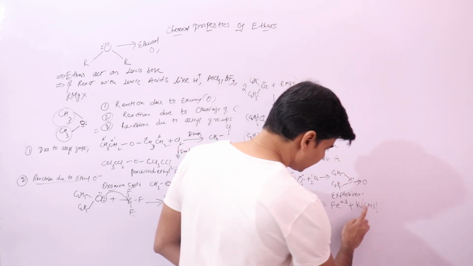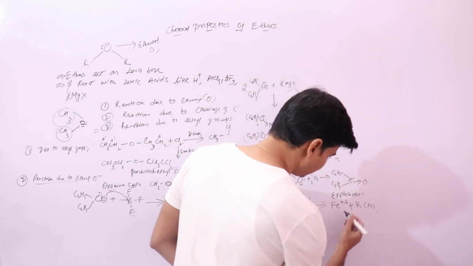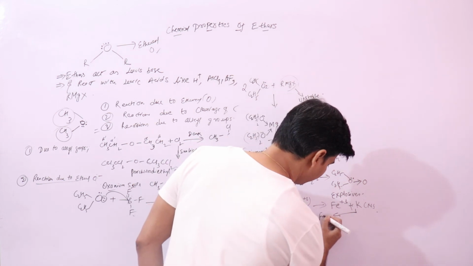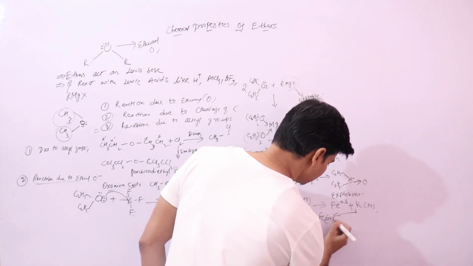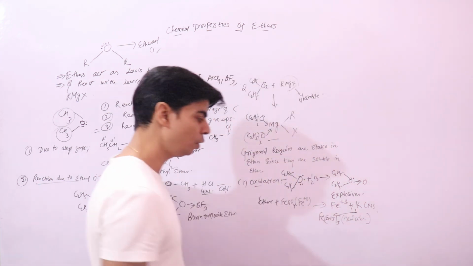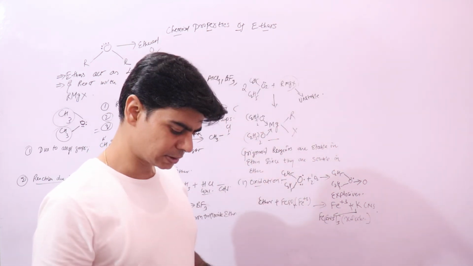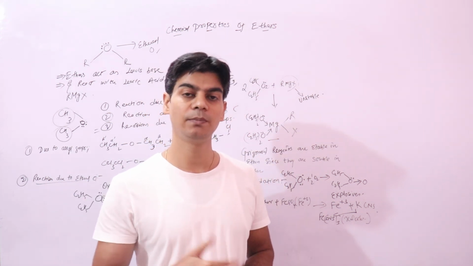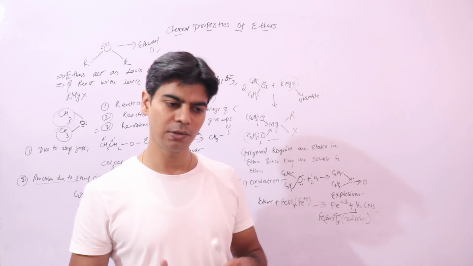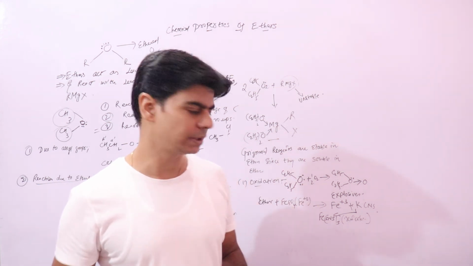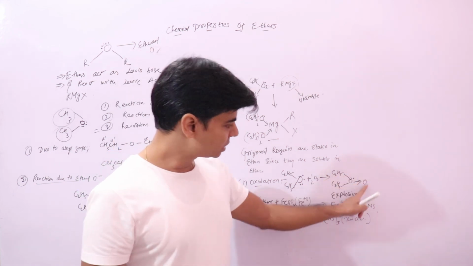With potassium thiocyanate, it will form Fe(CNS)3, which is red in color. This is how the presence of peroxides is detected in an old sample of ether. So these old samples of ethers must be purified before you use them, to get them free from these explosive peroxides. Simple. This is a peroxide.